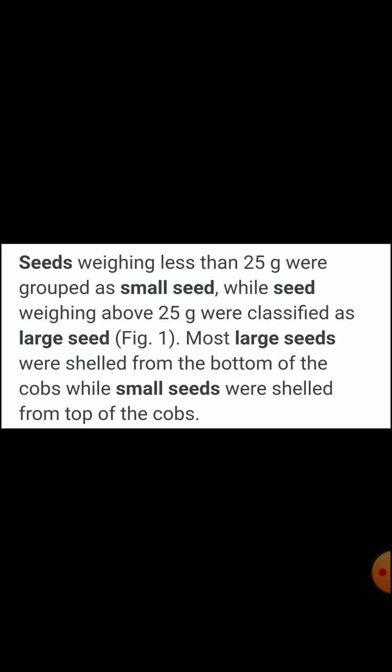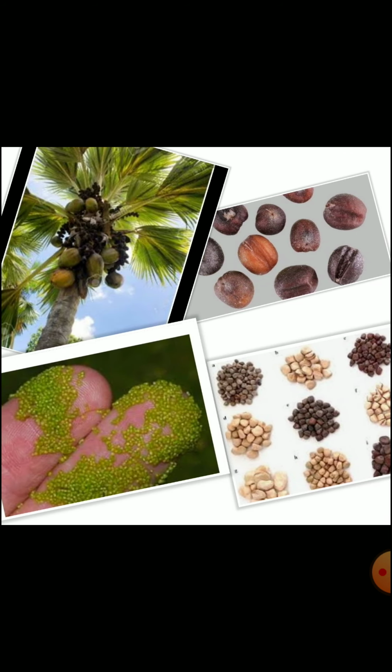Seeds weighing less than 25 grams were grouped as small seeds, while seeds weighing above 25 grams were classified as large seeds. Now you can classify which one is a small seed and which one is a large seed. Largest seed. So seeds vary in their size and shape.